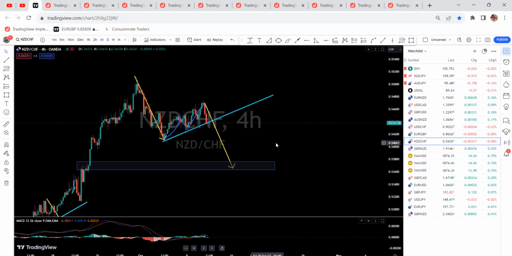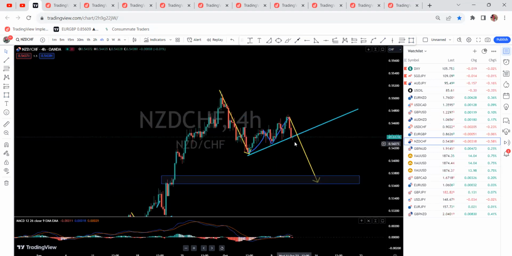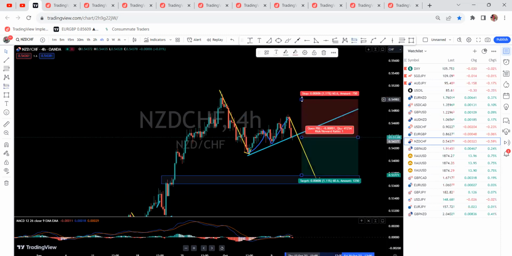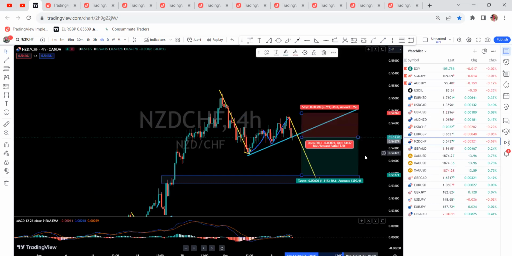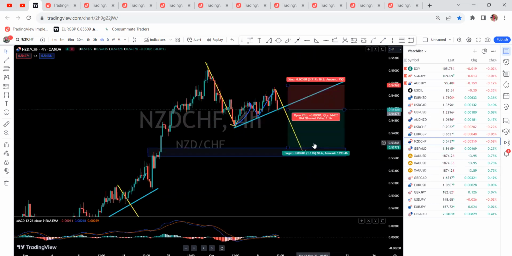And if we enter here, we are going to risk something like this. Put your stop loss below here, then your take profit lands here. So you risk 8 pips and you make 60 pips.